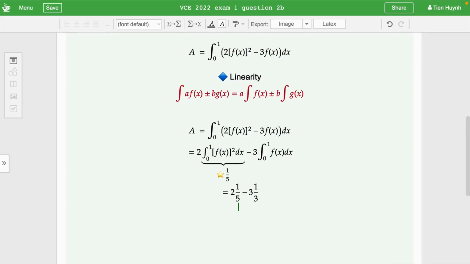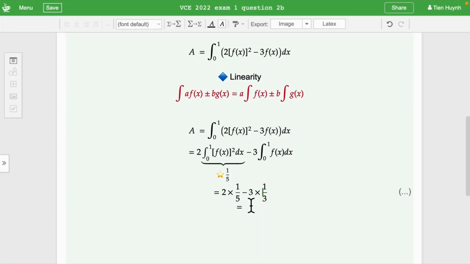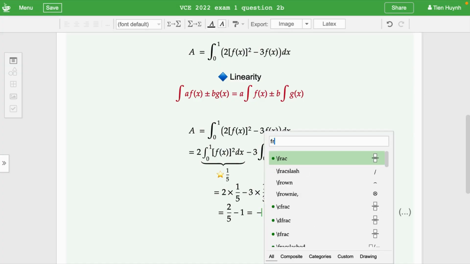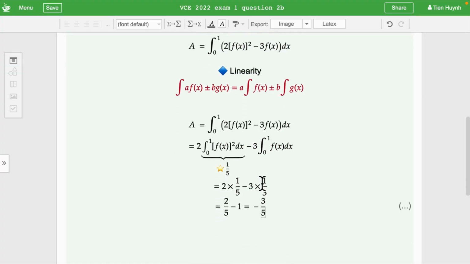Let's evaluate this. We will have the fraction 2/5 minus 1, and that will give us negative 3/5. I hope it is understandable.